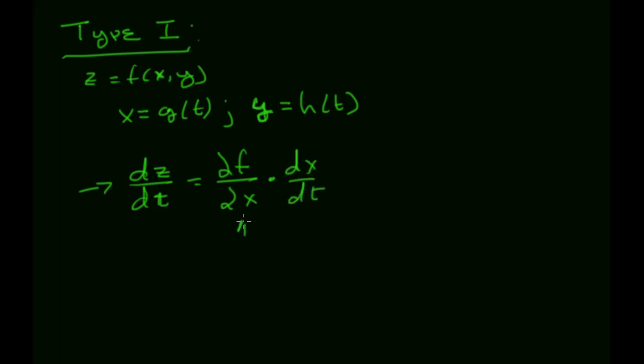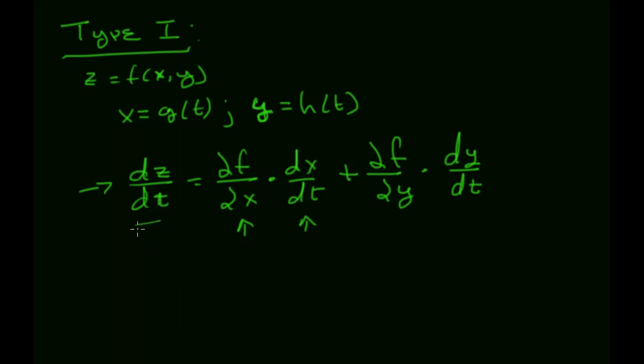So this one is a partial, this one is an ordinary derivative. And then we're going to add to that the partial of f with respect to y, and this time dy/dt. So this is going to give us the derivative of z as I'm going through t.